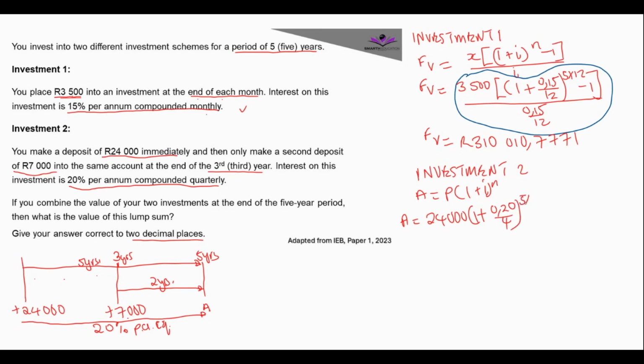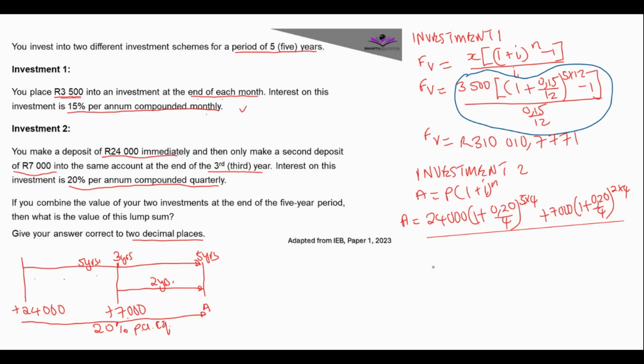So it's 5 times 4. That's the 24,000 done for the whole 5 years. Then plus the 7,000, which is going to be in the bank for 2 years. Then 7,000 times 1 plus 0.20 divided by 4, and then for 2 years, it's going to be 2 times 4. And then you just put this in the calculator as it is.